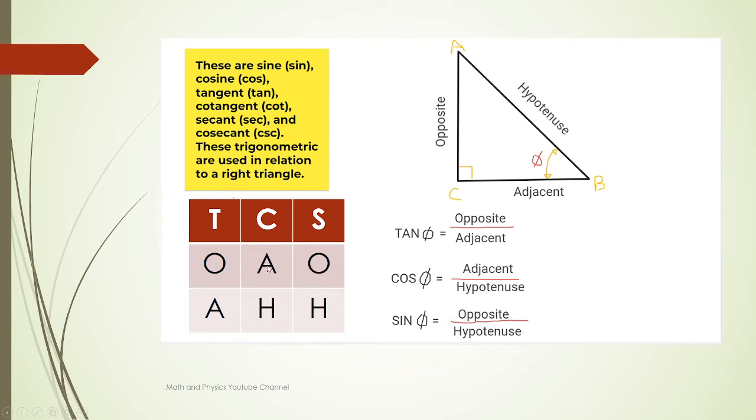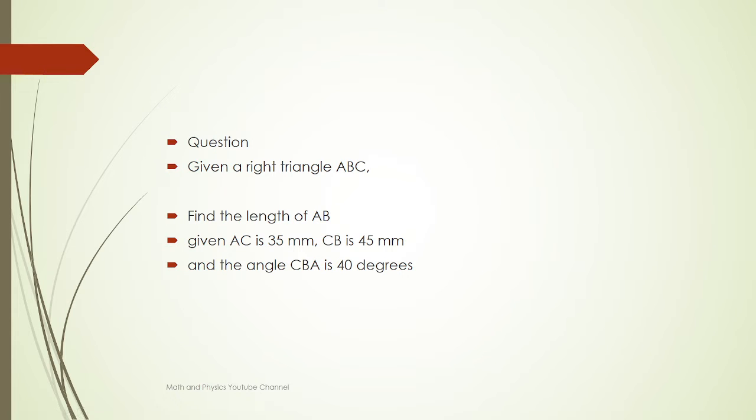So it's A divided by H. Then you also have sine theta is equal to opposite divided by the hypotenuse. Now, depending on the information that is given and required, you would use either tan theta, cos theta, or sine theta. Okay? Good job.